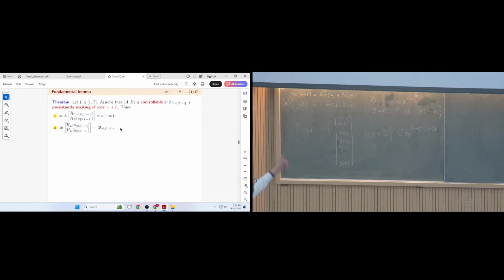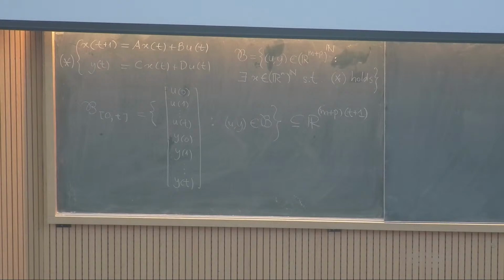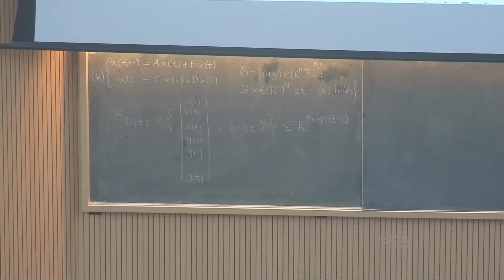To begin with, since Uy is just a given trajectory, or finite trajectory, I know that image of that Hankel matrix on the left is in the restricted behavior. Because I take one particular trajectory, I look at on the window 0 to capital T minus 1.